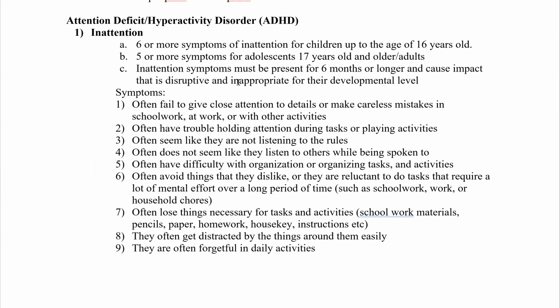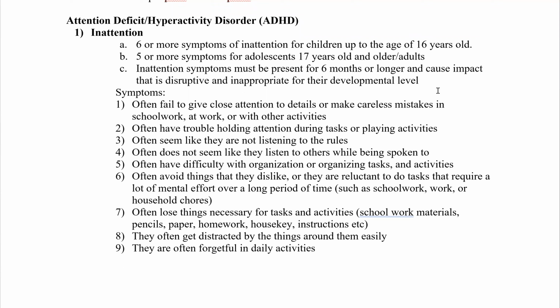The criteria is going to be 6 or more symptoms of inattention for children up to the age of 16 years old, so 16 years and younger, and 5 or more symptoms for adolescents 17 years old and older and or adults. So as somebody ages, the number of symptoms that they need goes down.